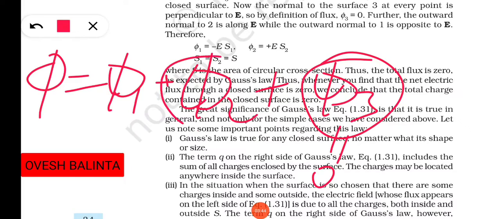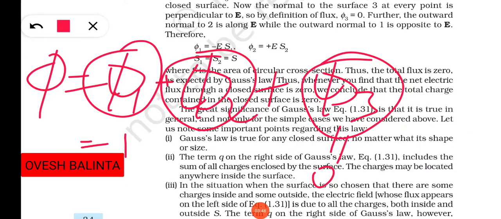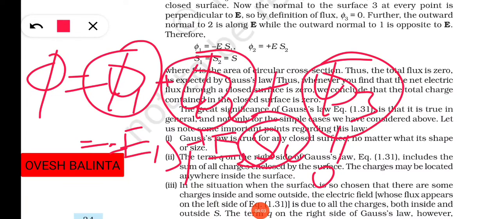Phi 1 and phi 2 are equal and opposite. So we have minus E1 S1 plus E2 S2. But here S1 and S2 are both the same.